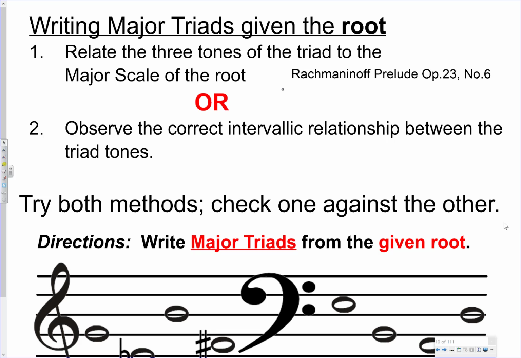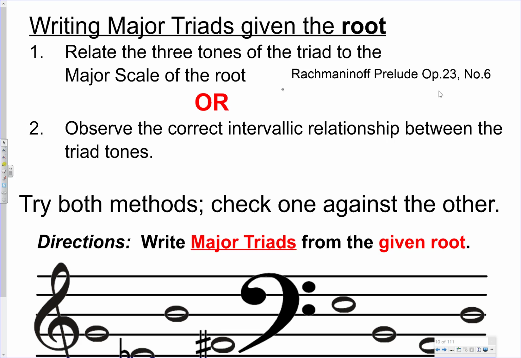Now we're going to try our hand at writing major triads, given the root note. There's a couple of ways we can do this. Number one, we can relate the three tones of the triad to the major scale of the root. Or we could observe the correct intervallic relationship between the triad tones. We can try both methods and check one method against the other.